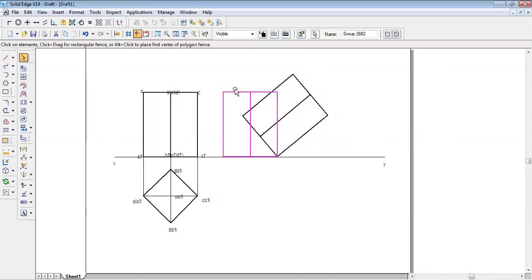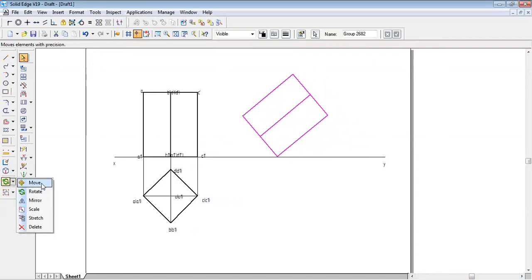Okay, then delete this one. Actual one, I don't need the actual one. Delete this one. So I can place this one here to here.